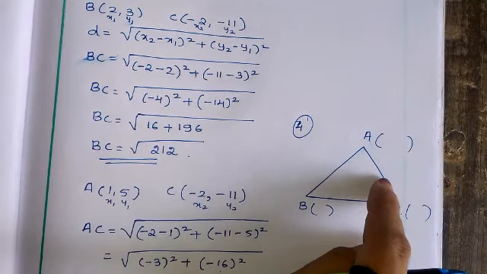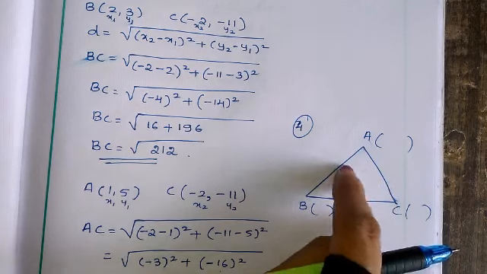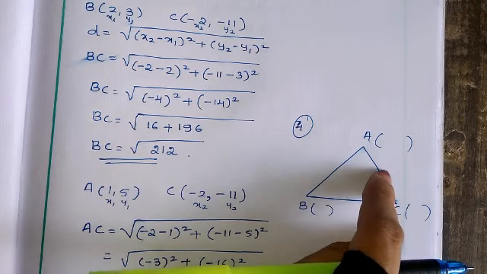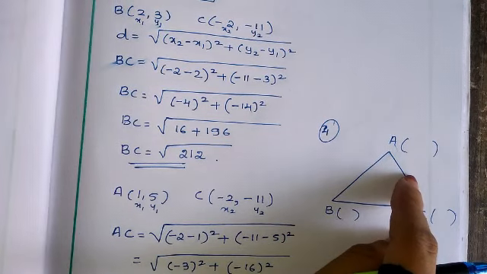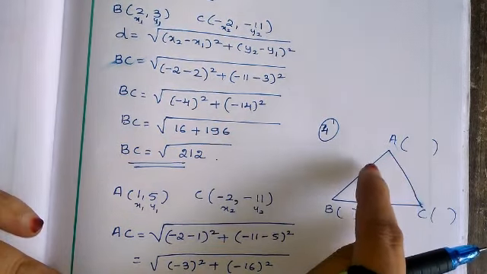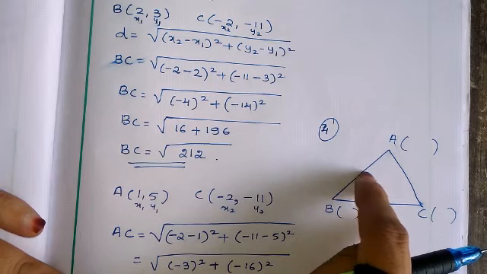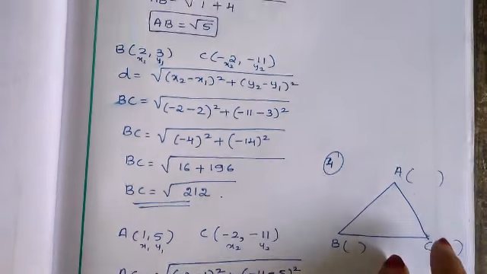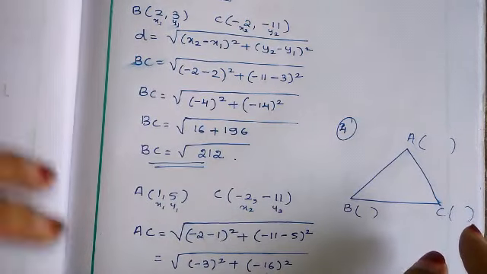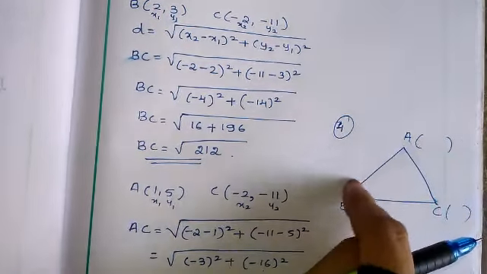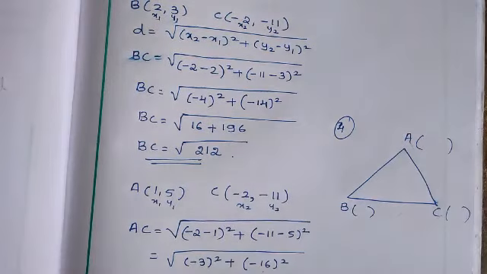Now we know that isosceles triangle means two sides the same, one side different. We know the definition of an isosceles triangle: two sides will be equal. So this is a try-yourself for you people. Same as how I have found AB side, BC side and AC side by distance formula, you have to find AB side, BC side and AC side, and check whether two answers you are getting are equal or not.